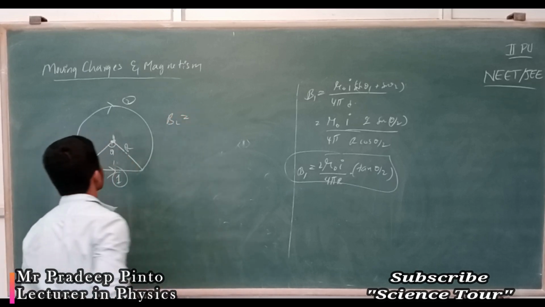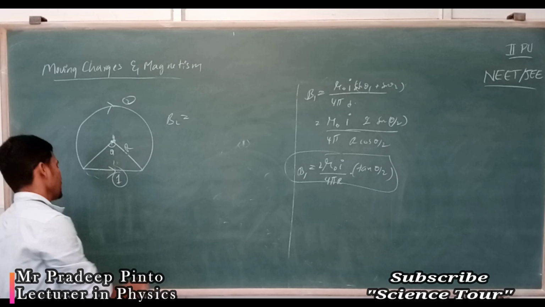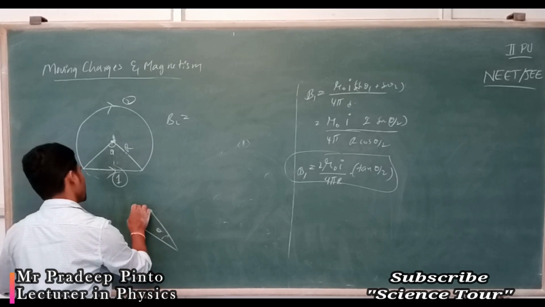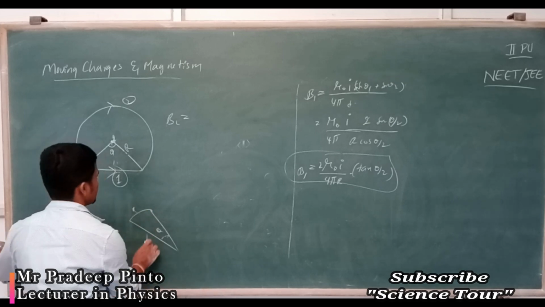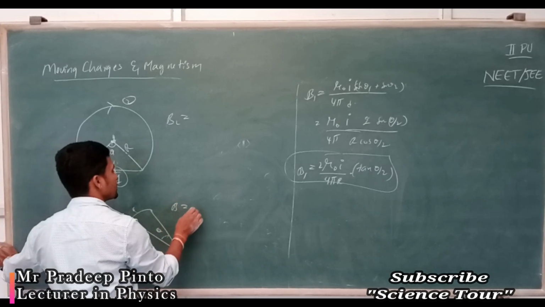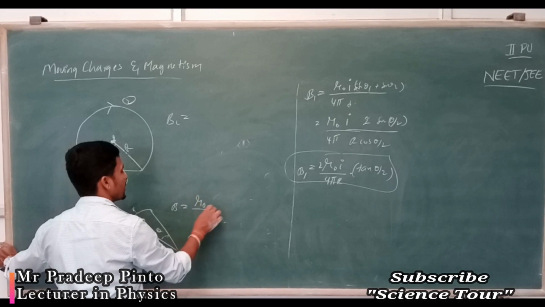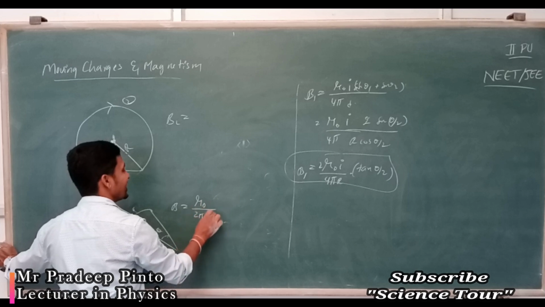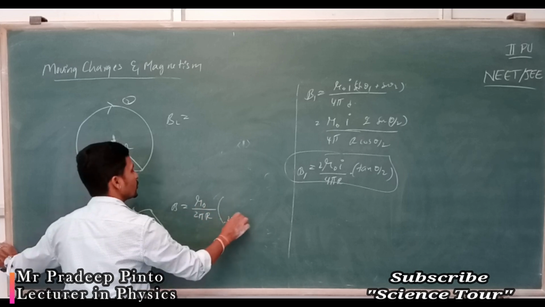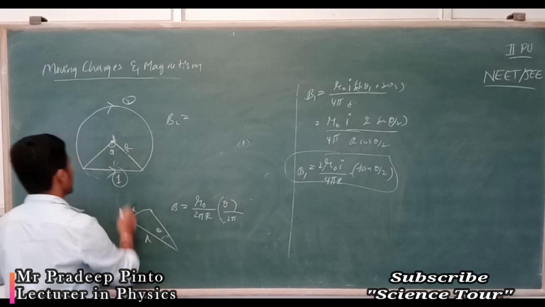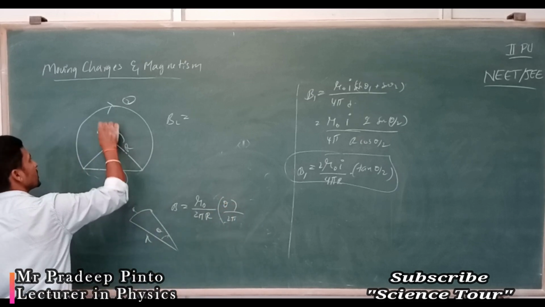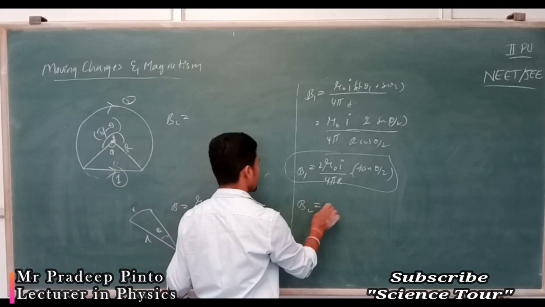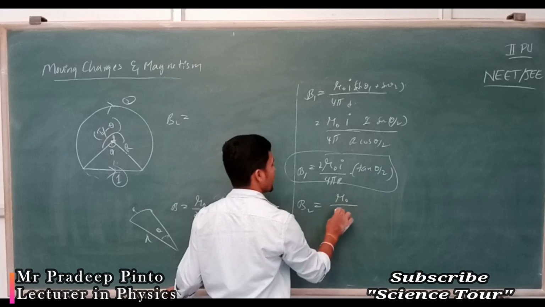I have told you, if theta is this much, and R is this much, then B is mu naught divided by 2 pi R out of 2 pi theta covered. If theta is this much, then this much is 2 pi minus theta, and that is covered, isn't it? So B2 is equal to mu naught divided by 2 pi r.